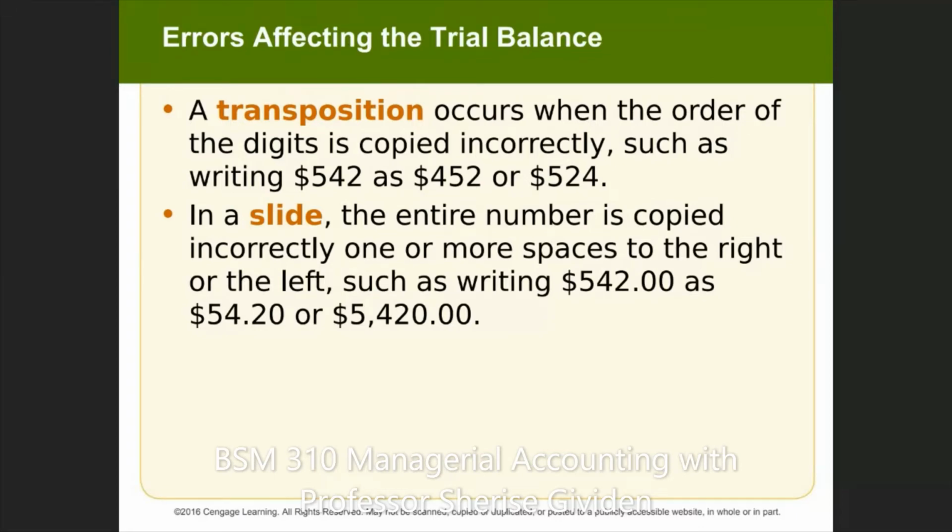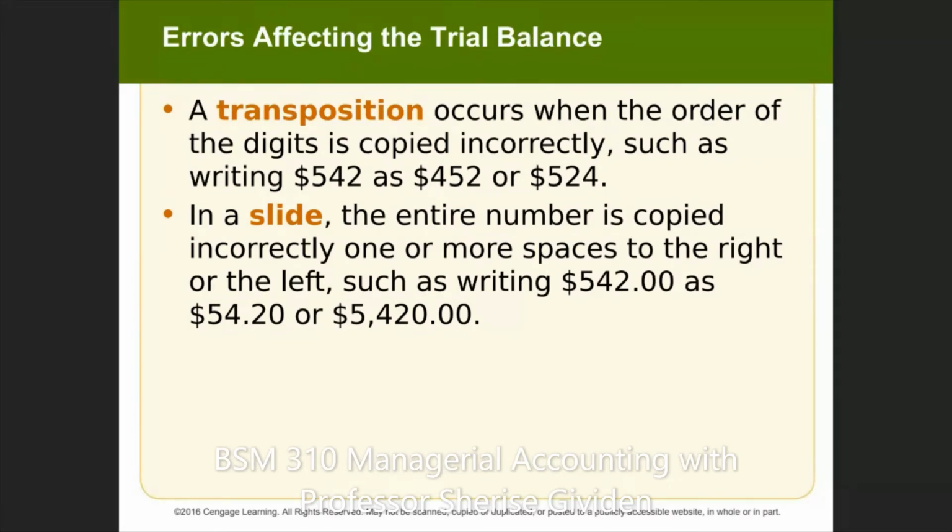So just note what this is. These are errors that can affect the trial balance. And like we mentioned earlier, when you affect one report, it can affect all of the reports. It can throw all of them off. So you want to be very cautious of that. If you are a person that's creating these reports, you want to check your work, and the more you do the business, you'll find that certain things come naturally to you, that you'll know, if I look here, I know that it's 99% correct.